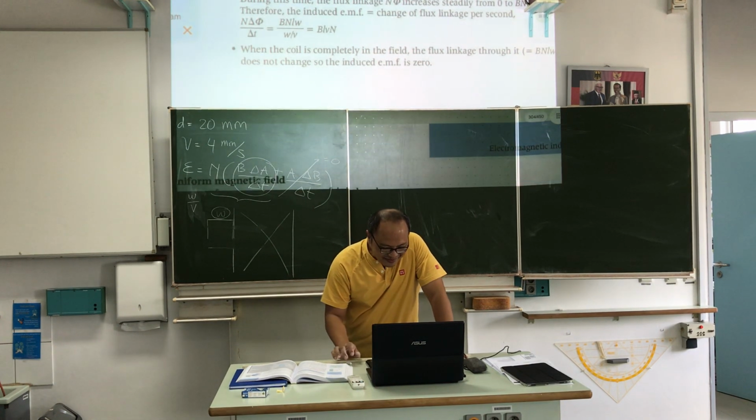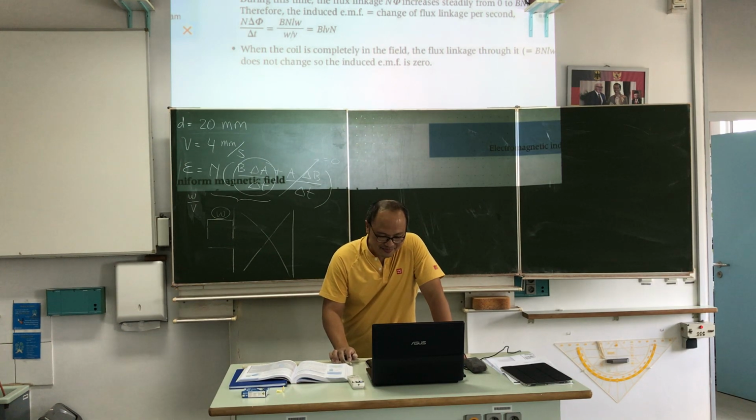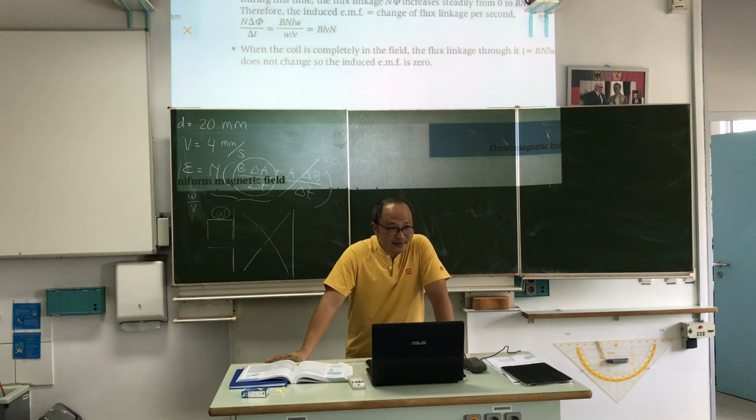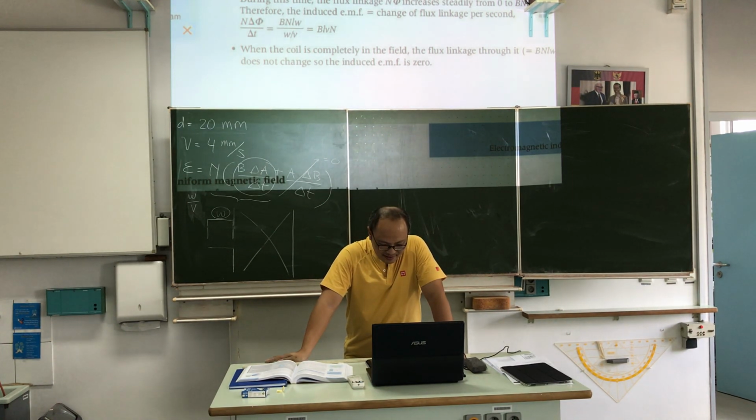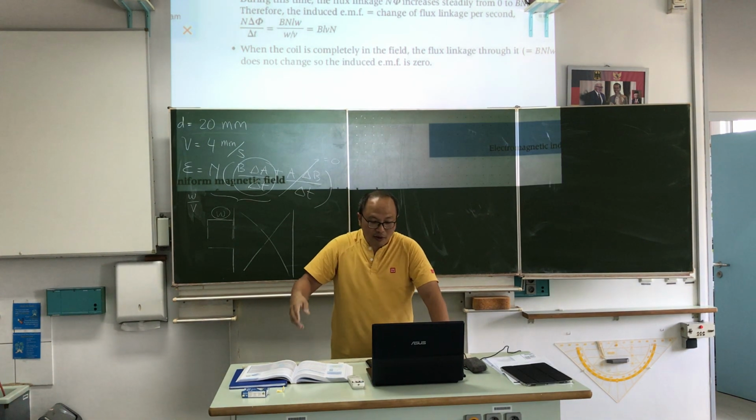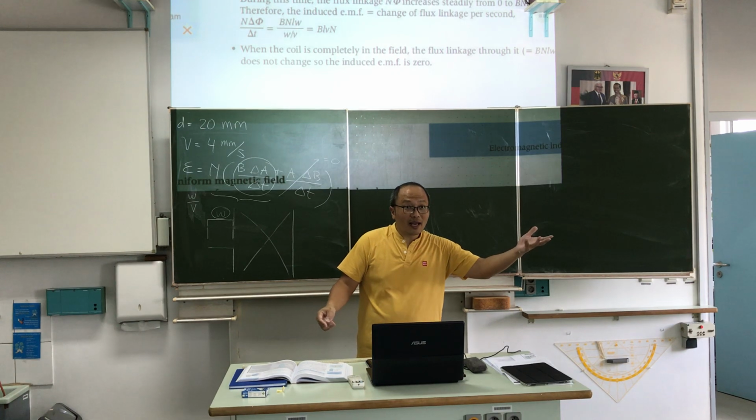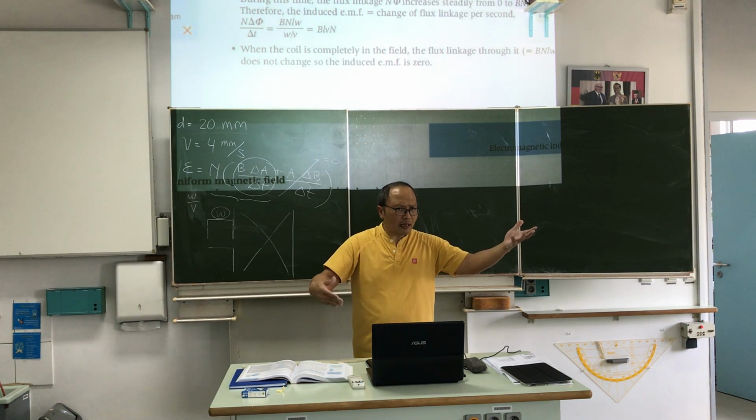During this time, the flux linkage N, what is it called? Phi, and v. It increases steadily from 0 to NBA, where the area A is L times W. Is it NBA? Are you sure?